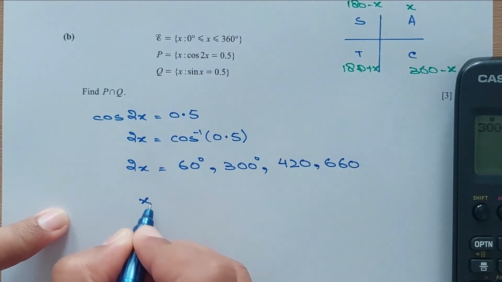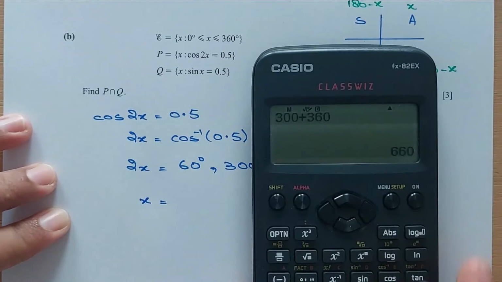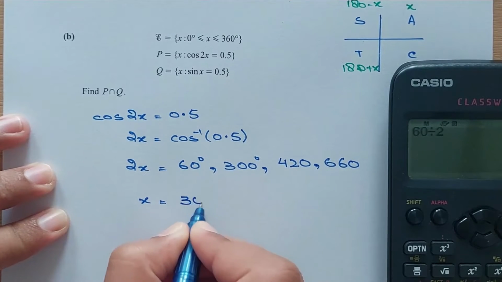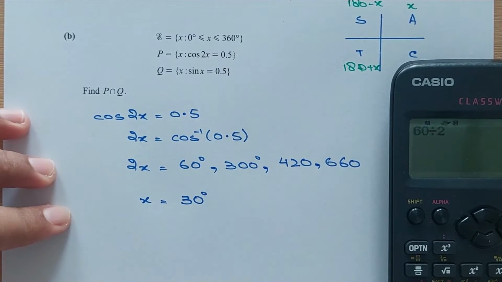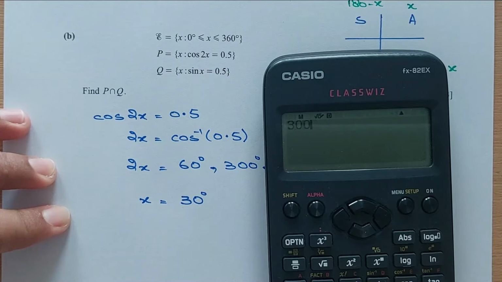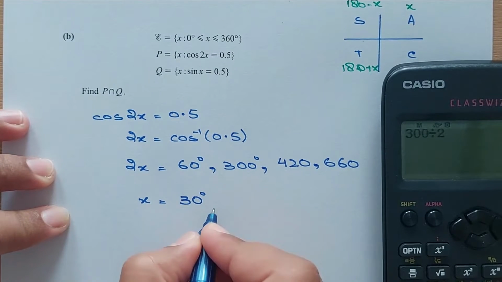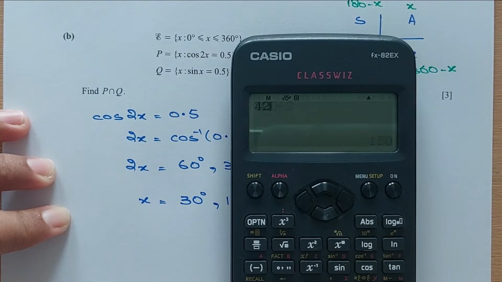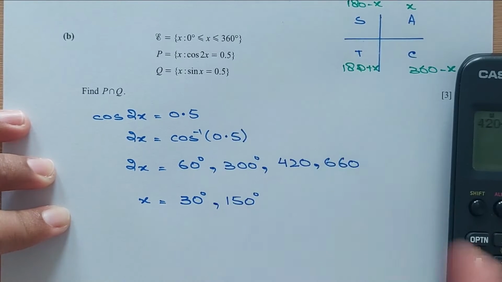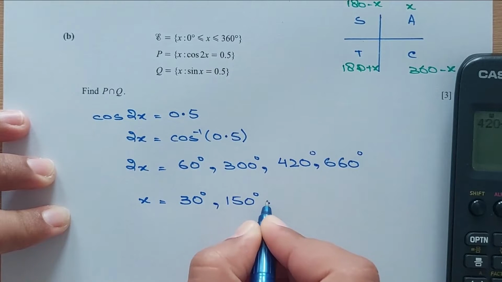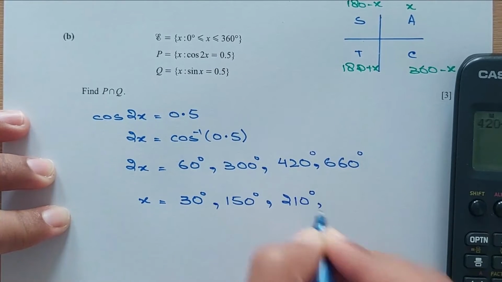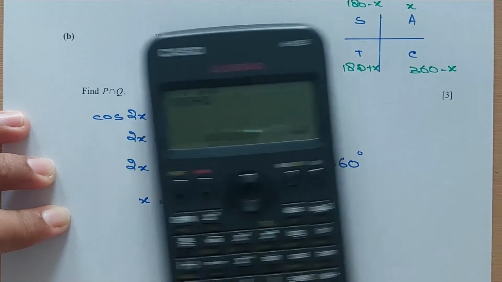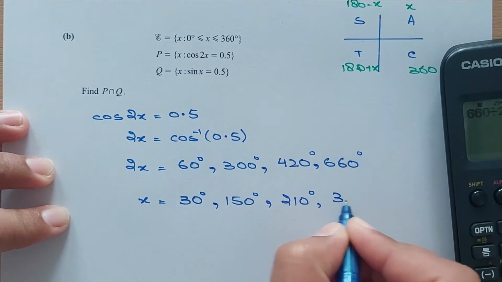Now to get the value for x, we divide throughout by 2. So 60 divided by 2 is equal to 30 degrees. Next, 300 divided by 2 is 150 degrees. And 420 divided by 2 is 210 degrees. And 660 divided by 2 is 330 degrees.